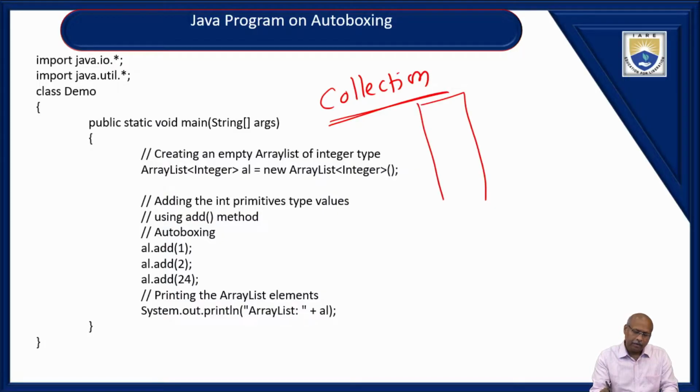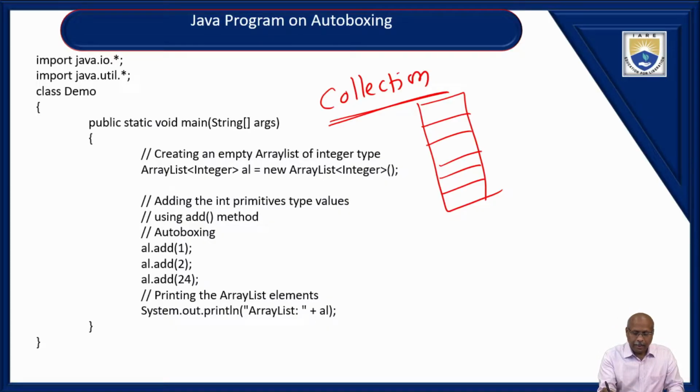In a collection, I can store any kind of data, but data must be in object form. So if you want to store your primitive data in a collection, the data must first be converted into an object. Internally it will convert into boxing form. It will create a box and store it.